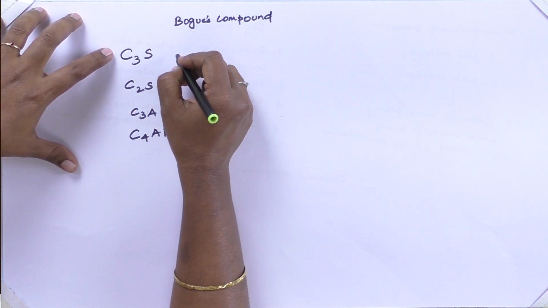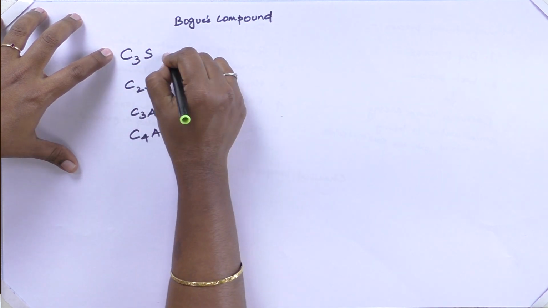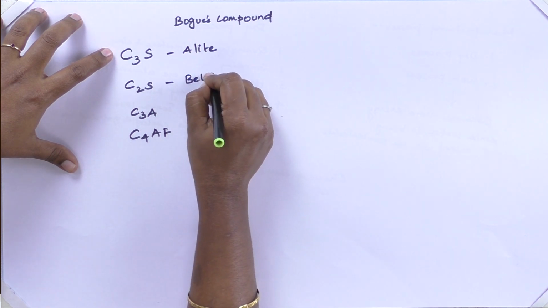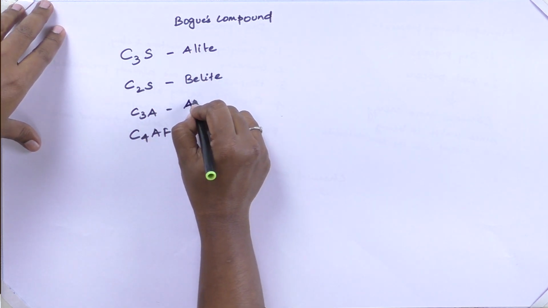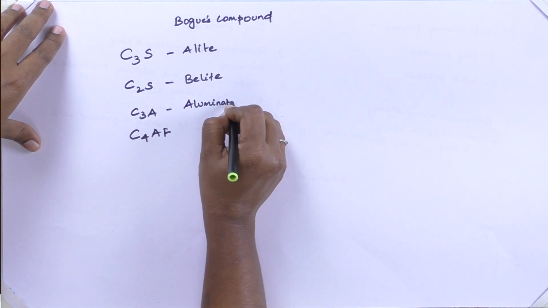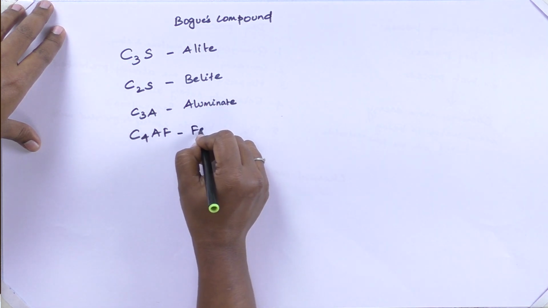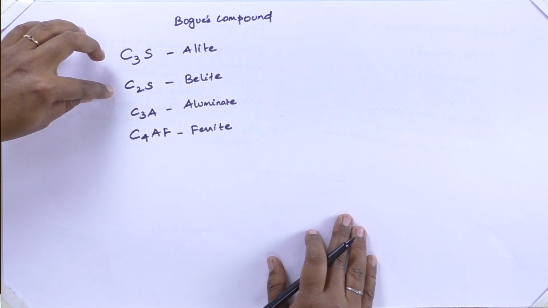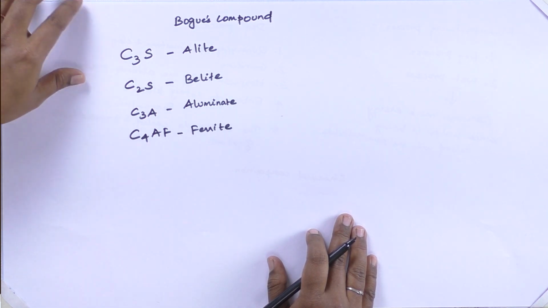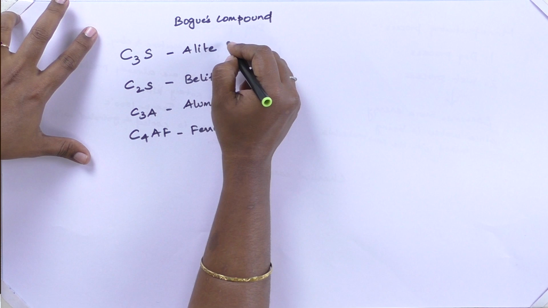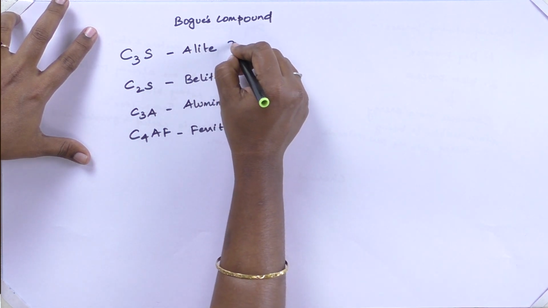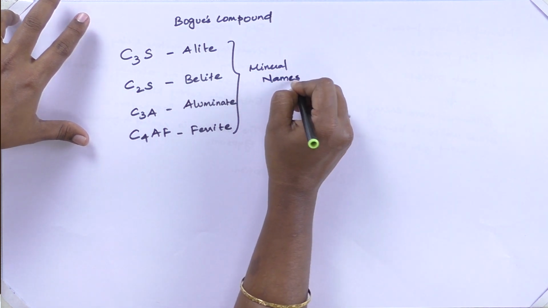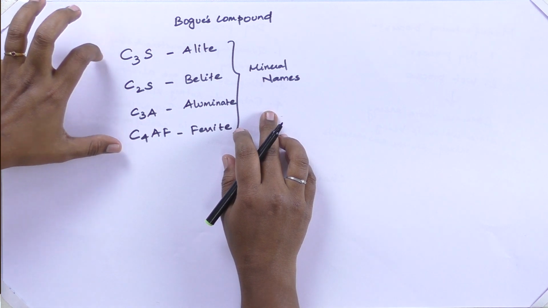The mineral name of C3S, that is tricalcium silicate, is alite, C2S is belite, C3A is aluminate, and C4AF is ferrite. Bogue compounds are C3S, C2S, C3A and C4AF, and alite, belite, aluminate and ferrite are the mineral names of these individual compounds.